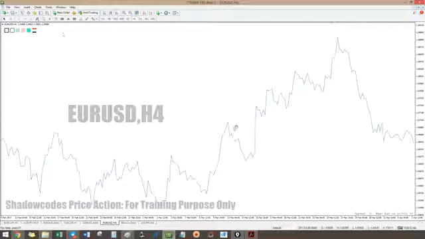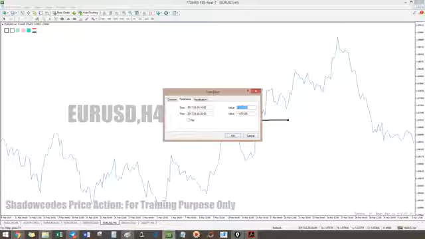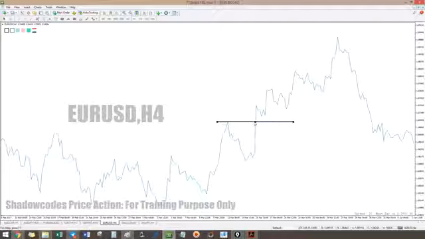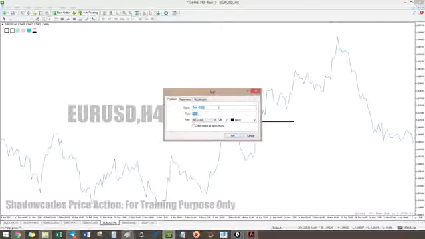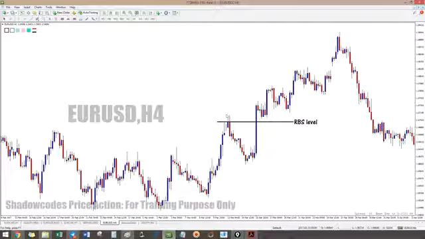First we change to line chart, and then we draw our RBS level. This is RBS level. And then when we change to candlestick, price did not touch our RBS level.